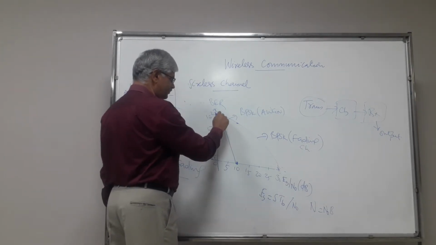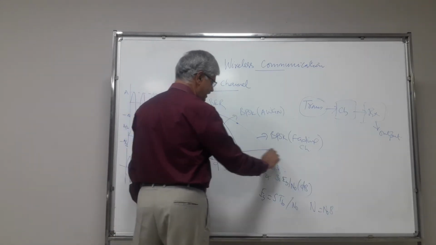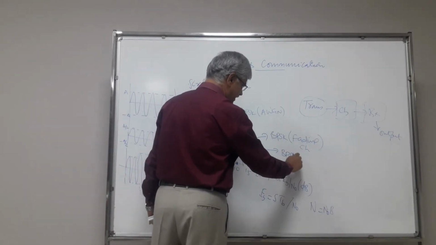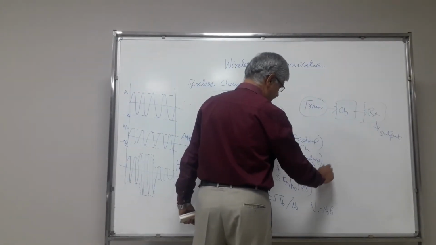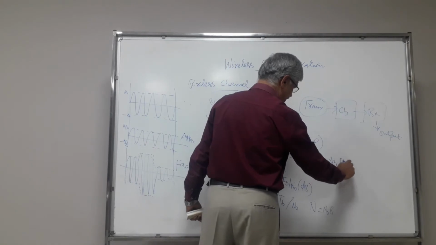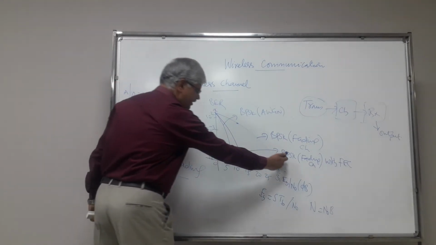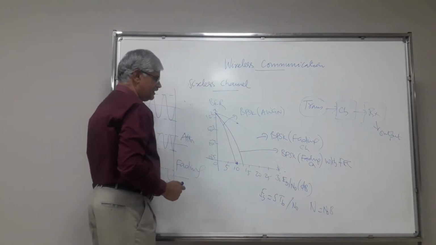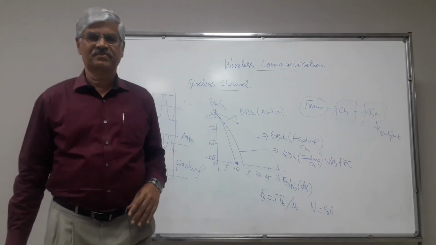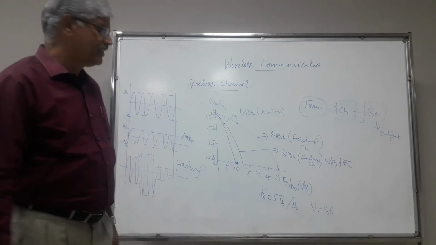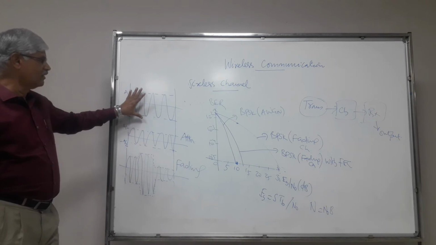For example, the same BPSK, fading channel, with forward error correction, let us say, with error control coding. So this curve can be moved this side. So what are we saying? We have spent extra bandwidth to deal with this kind of a phenomenon. This is happening in the wireless channel.